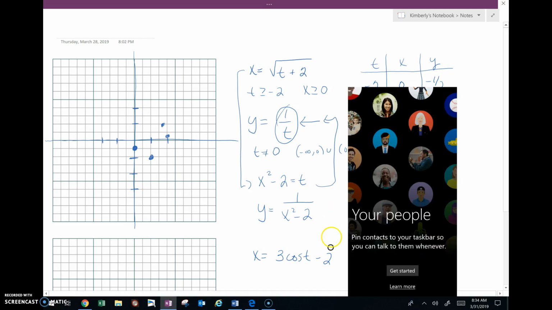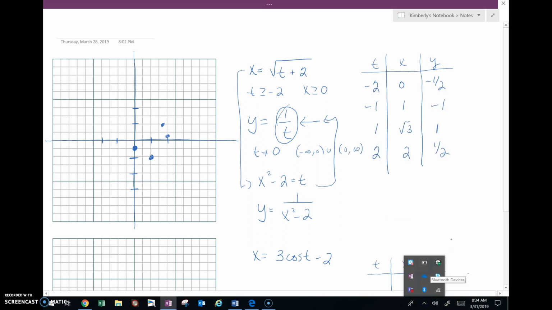Looking at the graph without the parameter, oh, I love it when I hit something and it pops up. There we go. Okay, and I know that I have asymptotes at x equals plus or minus root 2. Because x can't be less than 0, I'm going to ignore that other asymptote, and I'm going to come in here where I think root 2 would be, which is about 1.4, and bring in an asymptote.